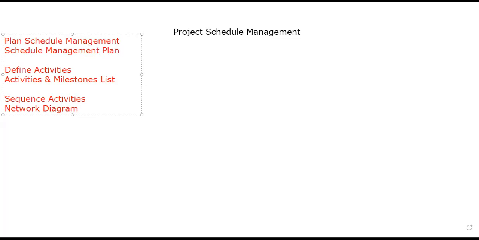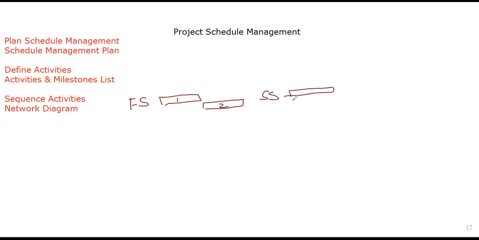When we sequence the activities, we have the most common types of relationships, which are very commonly used. They are finish to start, which means the first activity will finish and then the second activity can start at any time. Then we have start to start, which means two activities can start together. There is no problem with that.